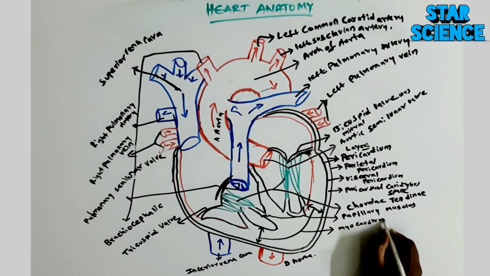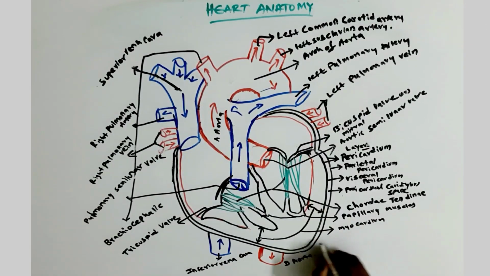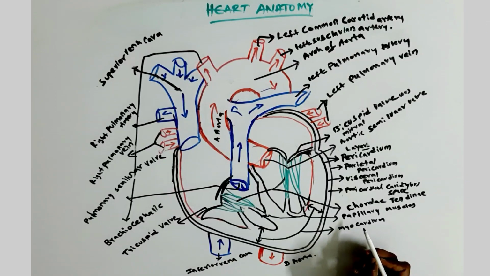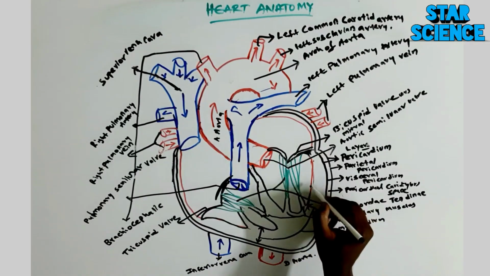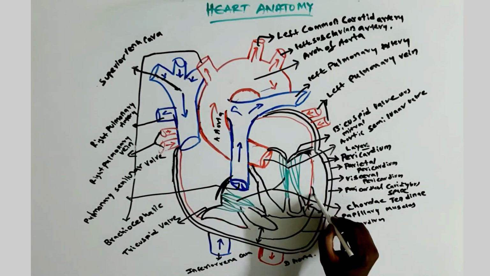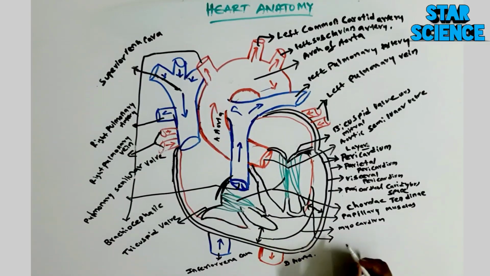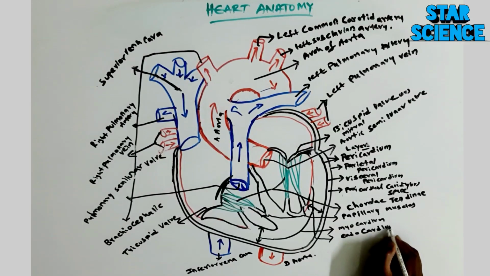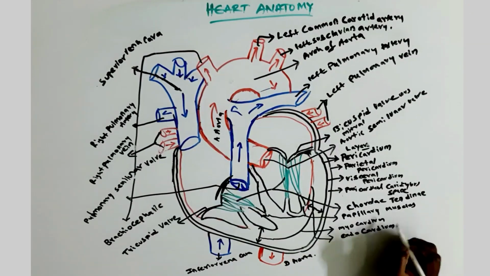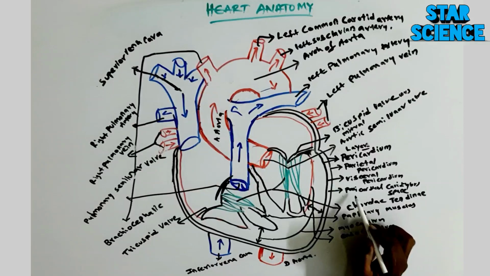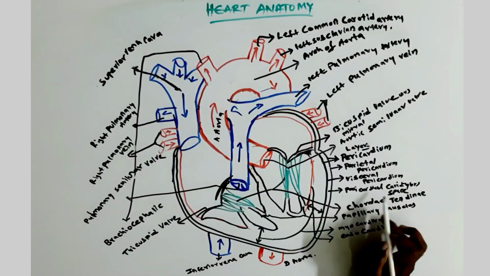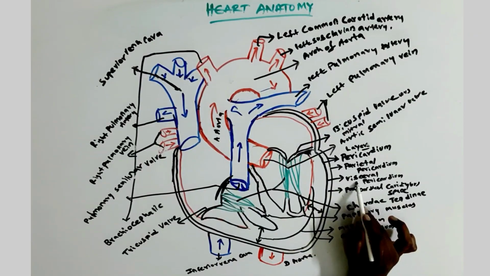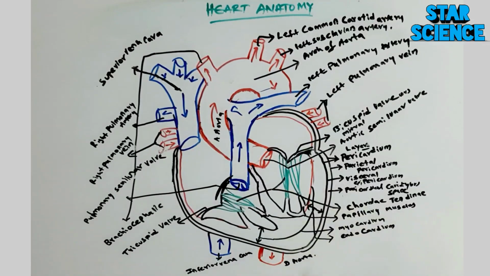It is very important to know that the myocardium has a huge role in the pumping action of our heart. Now I am showing you the last layer, the inner layer, the endocardium. This endocardium is formed by a single layer of endothelial cells. So these are the layers of our heart.